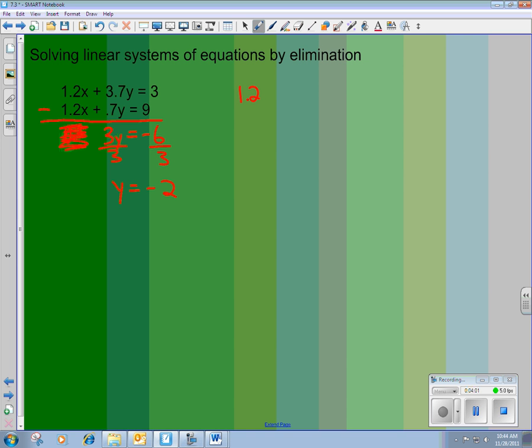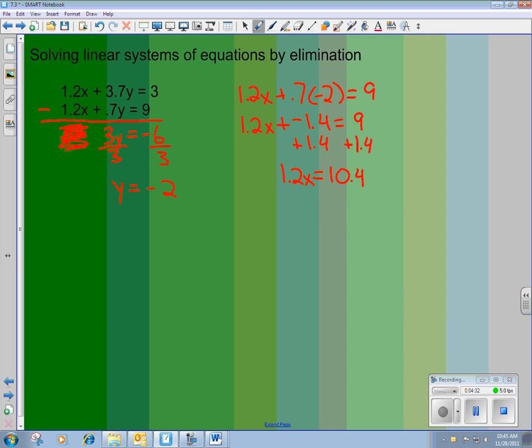So 1.2x plus 0.7 times negative 2 equals 9. And we can multiply our 0.7 and our negative 2. So 1.2x plus a negative 1.4 equals 9. Adding the 1.4 to both sides, you get 1.2x equals 10.4.